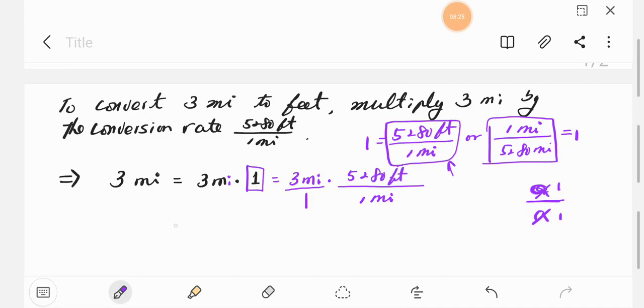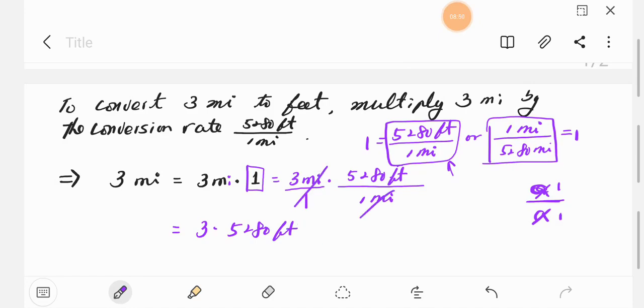All right, so now you can cancel out the mile, right? So what we have is 3 times 5280 feet.